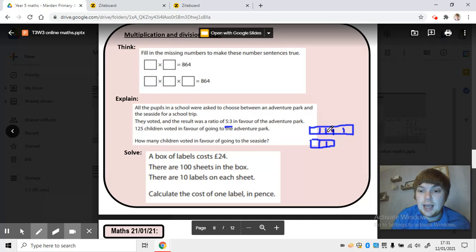So if you look how many parts you've got in total, that's what you're going to divide by, if needs be. But if you also have a look, 125 children voted to go to the adventure park. Well, if you know this is the adventure park, you've got 5 parts there and 125. So maybe that's the division you do. And then if you've worked out what one part is, how could you work out all 3?